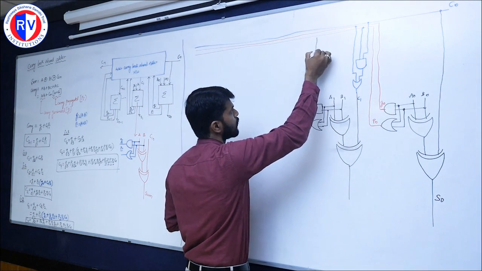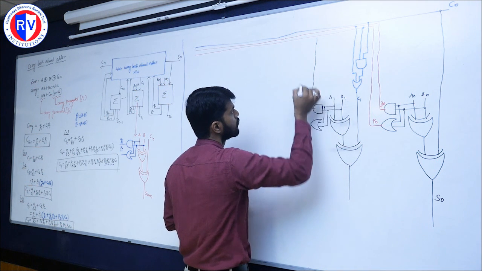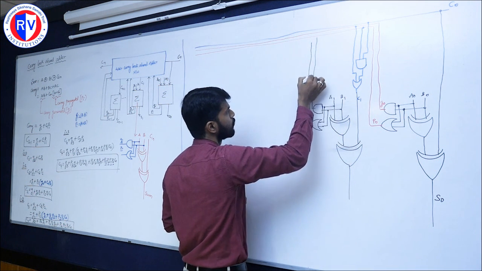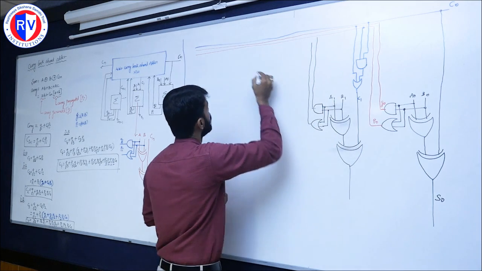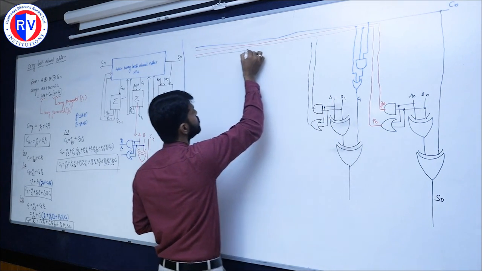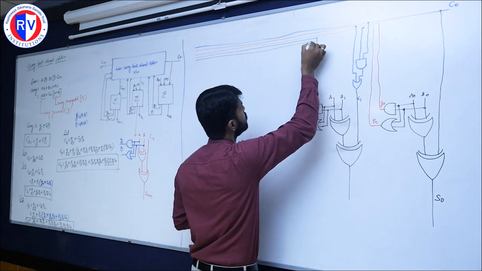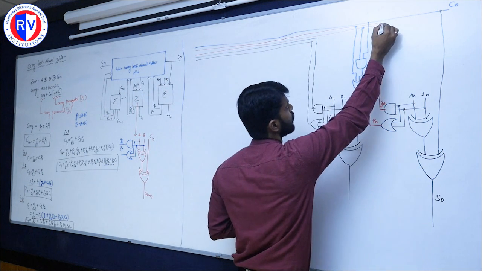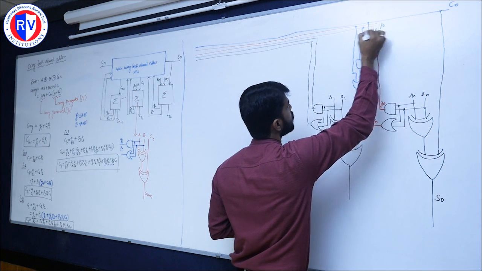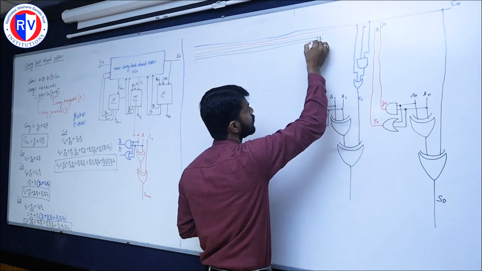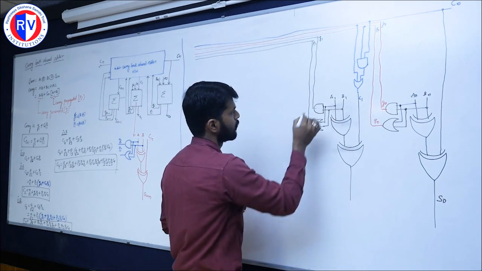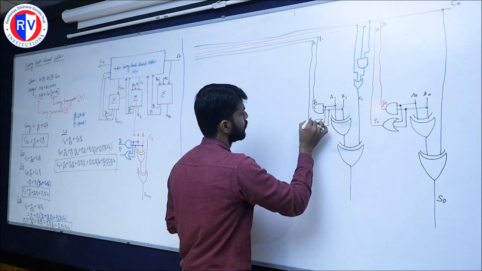Again this gets connected over here, and it will be extended till over here. Correct? This is actually G naught and P naught. This is G1 and P1.